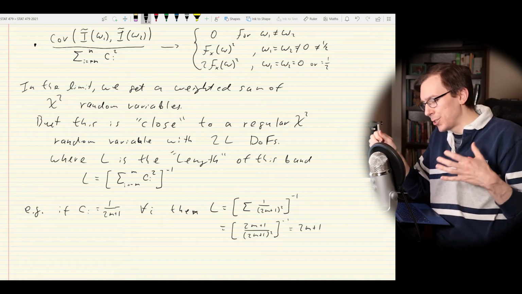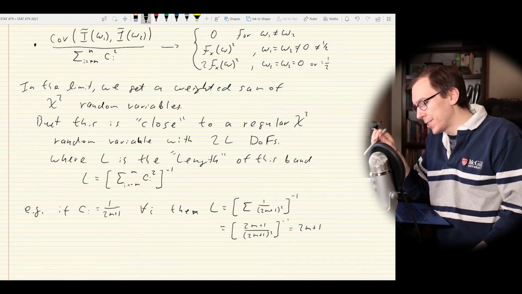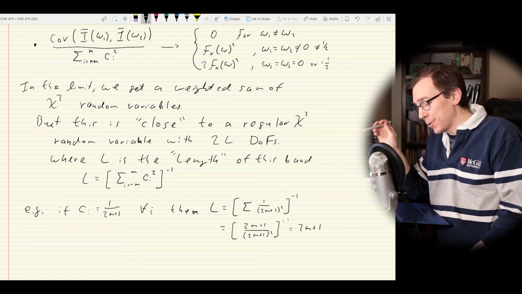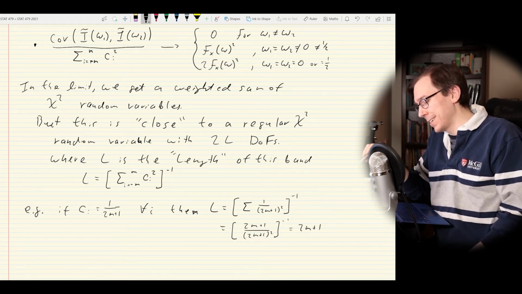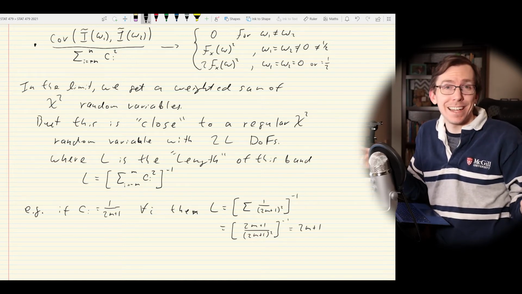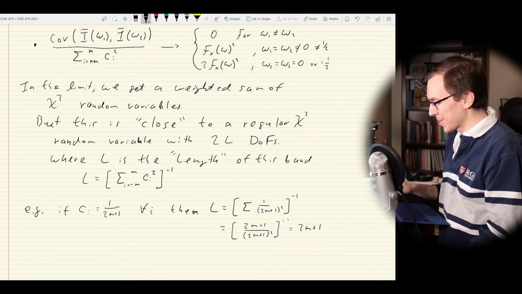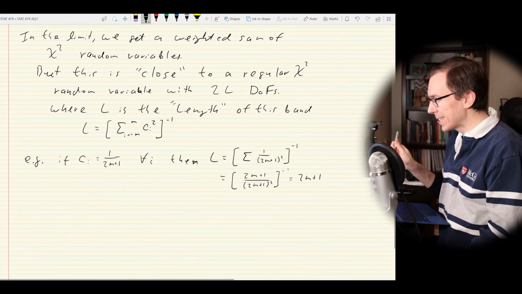So the notion of length coincides with what happens when all the weights are equal to each other. If the weights are not equal to each other, then this is, I guess, good enough, at least according to the textbook authors who said this. And I guess they're trustworthy enough, so why not believe them?